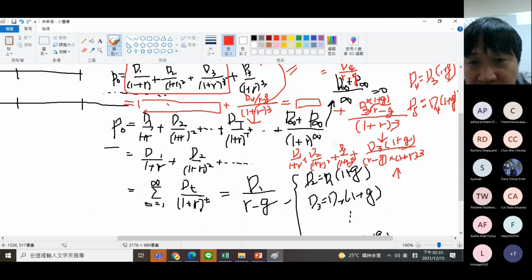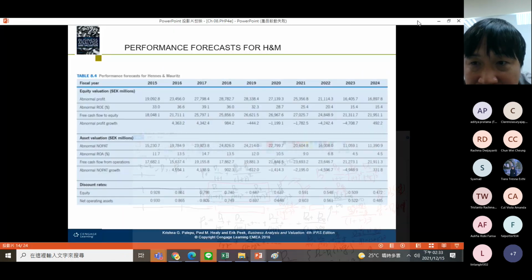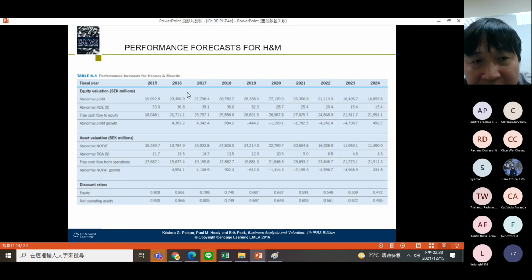Here you change the formula by D10. Here it was D3 because we only estimated D3. If you estimate at year 10, then D10 is used. So the same for the 10 years.